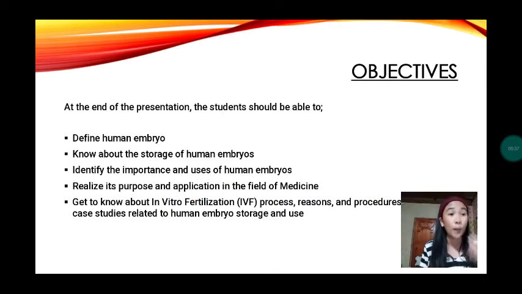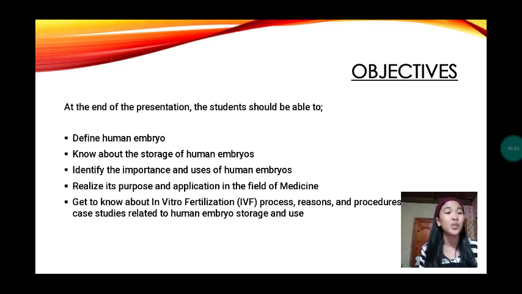We have here the objectives. At the end of this presentation, the student should be able to define embryo, know about the storage of human embryos, identify the importance and uses of human embryos, and realize its purpose and application in the field of medicine.